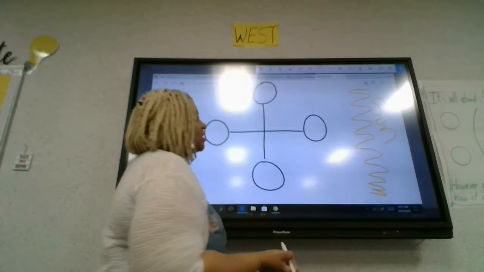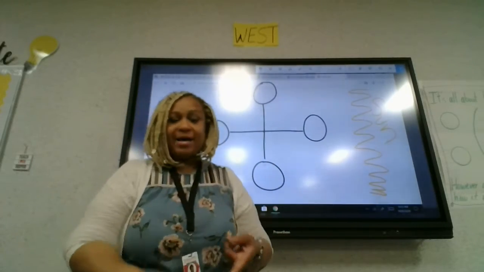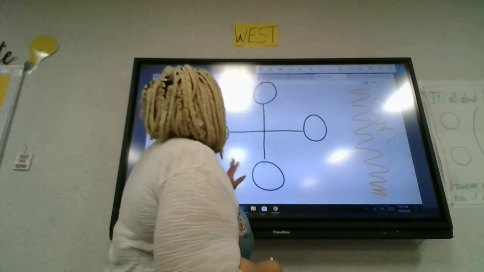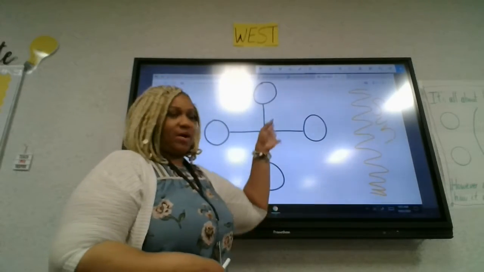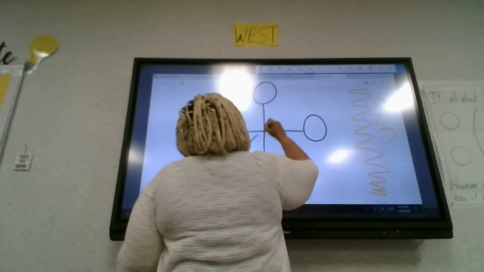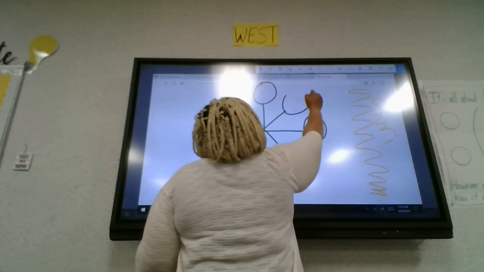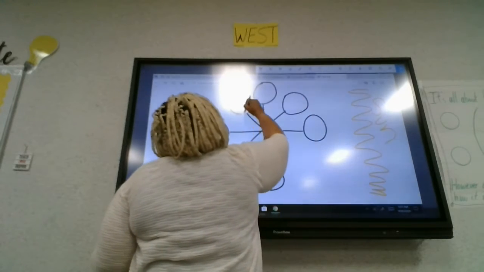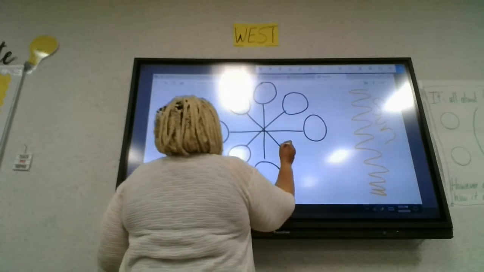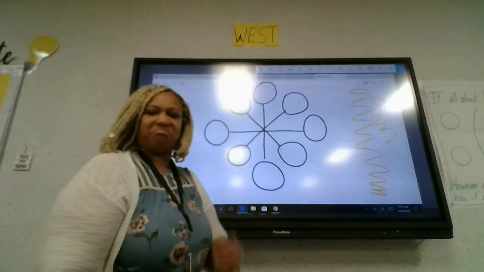The reason why I say 4 main moon phases is because we talk about these moon phases a lot with tides and neap tides and spring tides and what have you. And then we always have those in betweens, right? We need to understand those in betweens. So I'm going to go ahead and do this so I can draw the in betweens. I'm not an artist, but I think I did good.